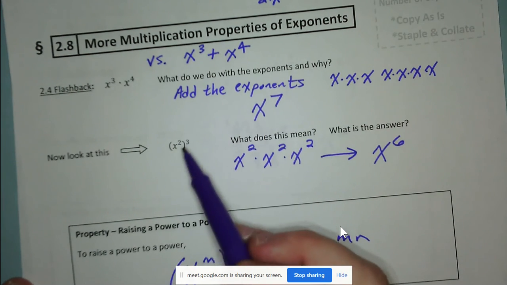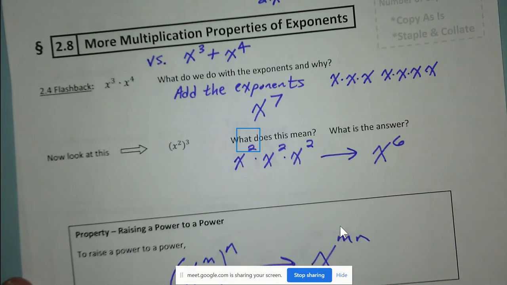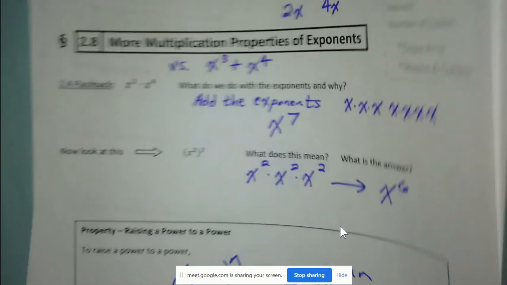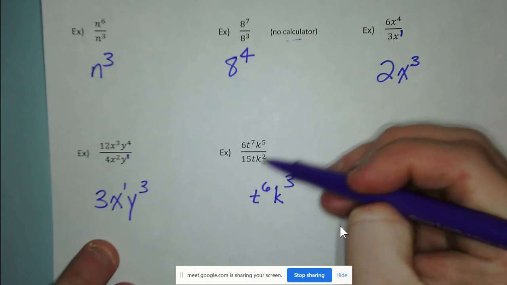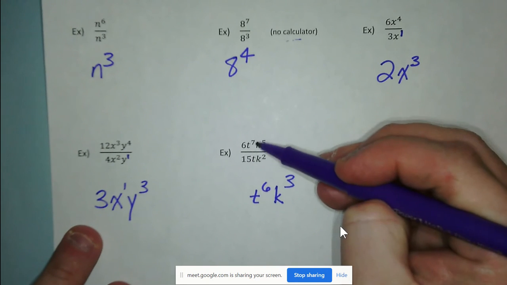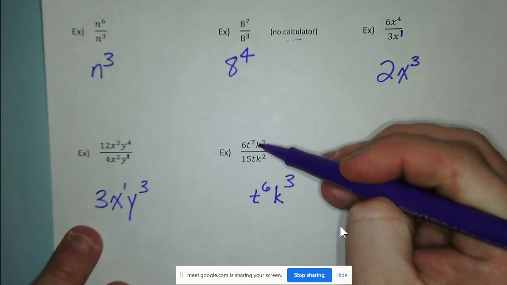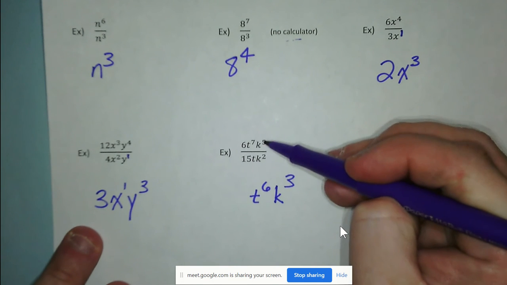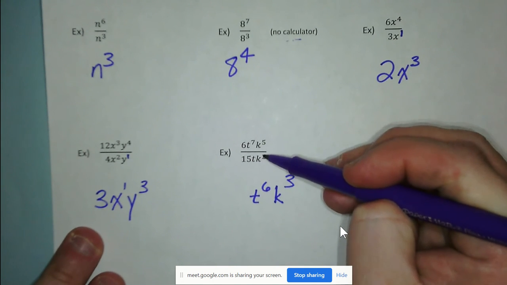That's what homework is for, to do repetition and learn this big idea of how you deal with it when you have the same base with powers, like k to the 5th power over k to the 2nd.